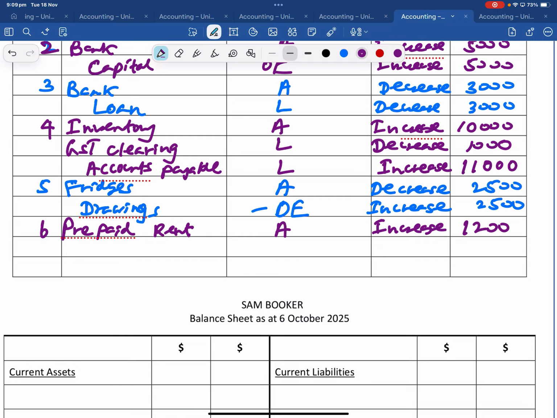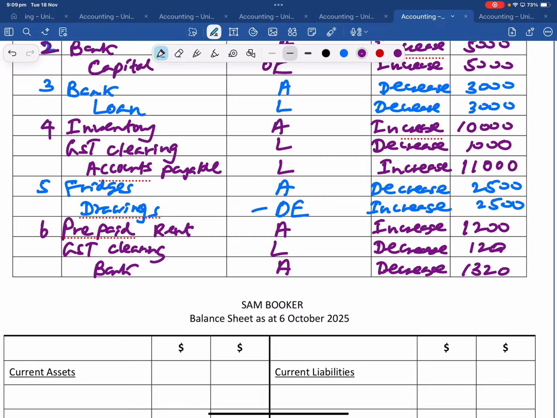We remove the GST. Okay, everyone is okay with that? Then GST clearing, what happens? The liability decrease. How much? 120. And then bank asset, what happens? Decrease. How much?